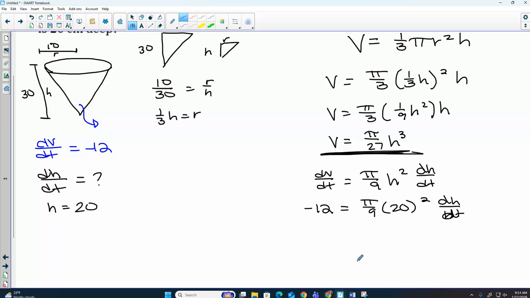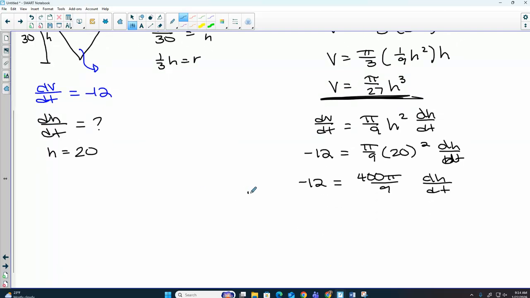I want dh/dt. So 20 squared is 400. You have to divide that over, or think of it as multiplying by the reciprocal. So you're going to multiply by 9 over 400 pi.